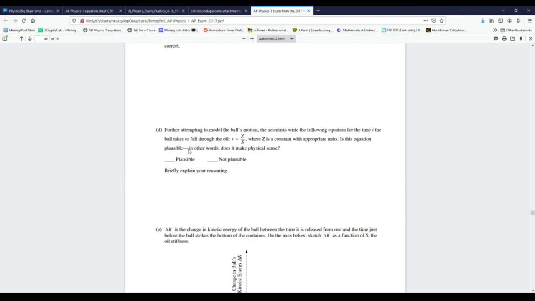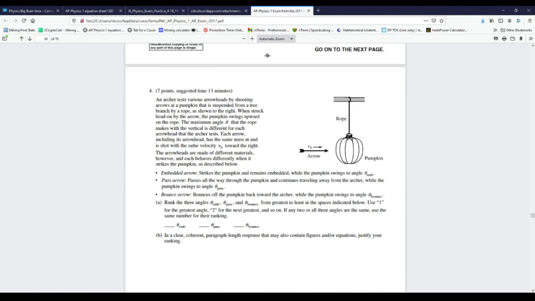An archer tests various arrowheads, shooting arrows at a pumpkin suspended from a tree. When struck head on by the arrow, the pumpkin swings. He essentially said it was transfer of momentum, so velocity would be greater. The thing that really made me mad is between the bounce, arrow, and pass.